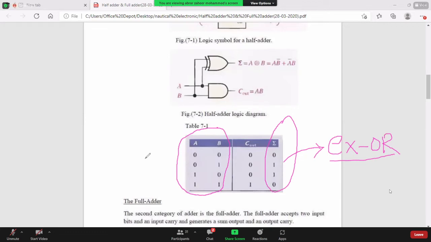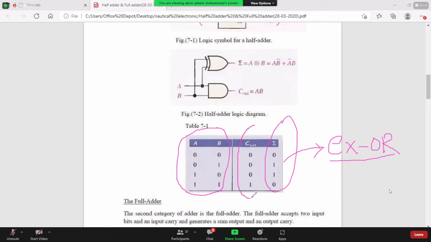So when both the inputs are 0, 0, the output is 0; 0, 1, it is 1; 1, 0, it is 1; 1, 1, it is 0. So this truth table is equivalent to the XOR gate.